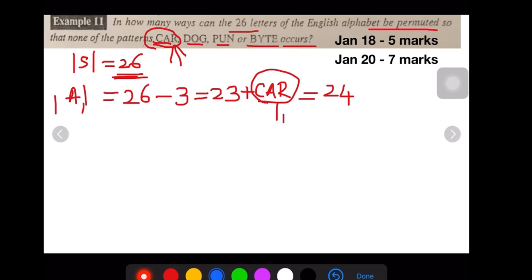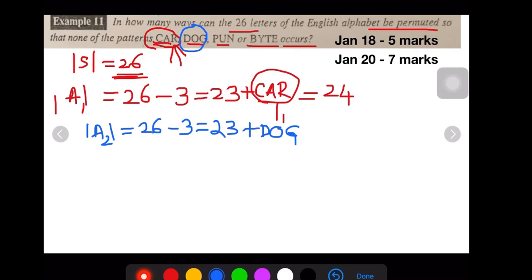Similarly, mod of A2: there are totally 26 characters. In that, I should remove the characters of the second pattern first. There are 3 characters, remove them. It becomes 23, plus include that pattern together because they have told that the pattern is to be there, as a single component.